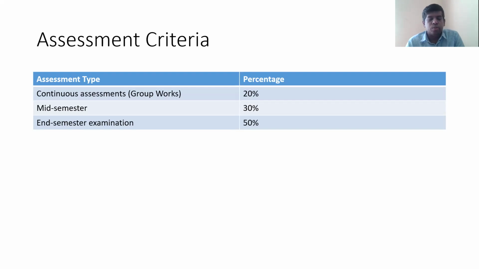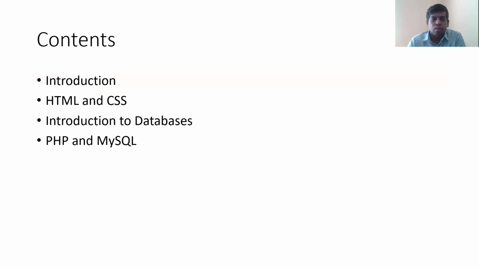Today I will introduce the group work, and then every week we are going to work on one particular aspect of the group work. In this particular case, we are going to create a web application. Then the marks distribution for mid and the end are 30% and 50%. Okay.